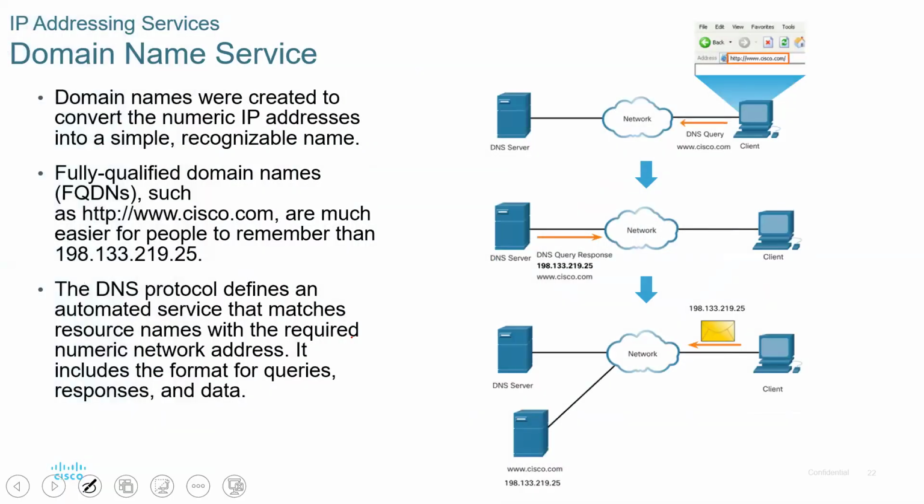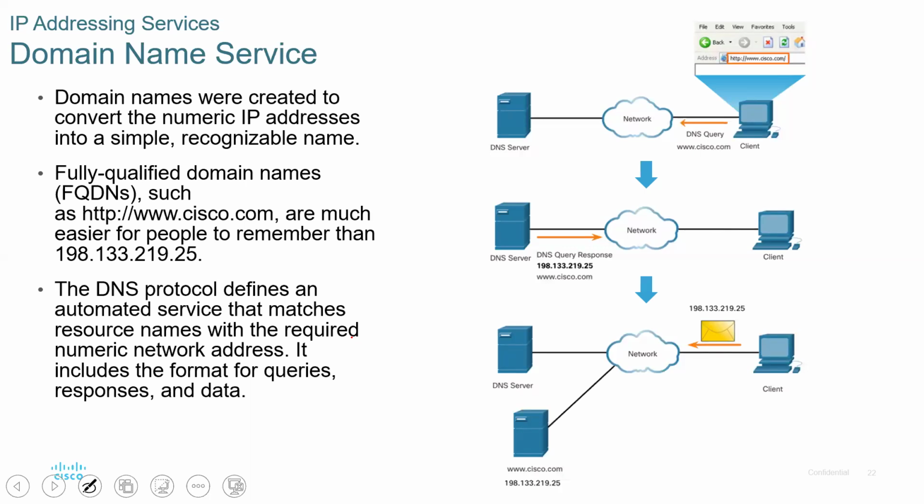IP addressing services is another service offered by the application layer. In the IP addressing services, you have the domain name services and DHCP. The domain name service is just a service that helps to translate domain names to their corresponding IP addresses. Every machine on the network has an IP address, and that IP address is what uniquely identifies that machine on the network.